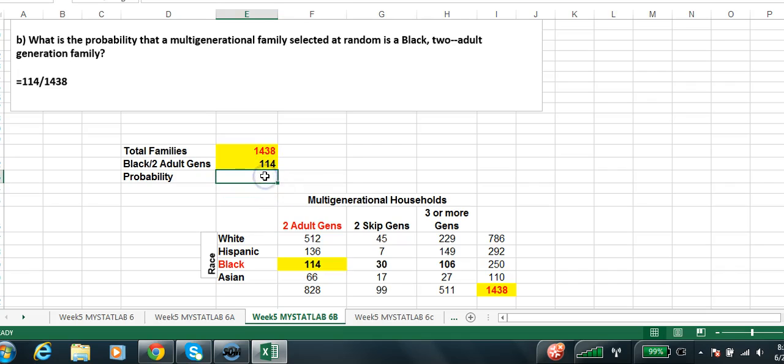So we press equal 114 divided by 1,438, press enter. And we find that the probability that a household identifies as Black and contains 2 adult generations living in the household is 0.079.